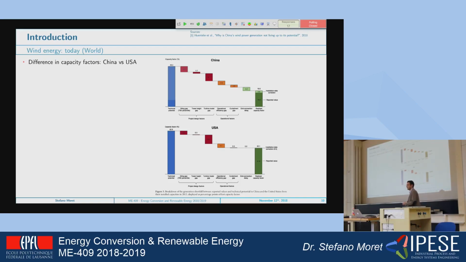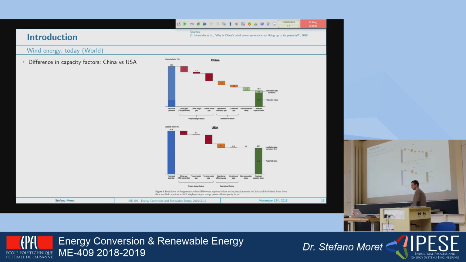It means that the wind turbines sometimes lose some of the electricity because of grid management reasons, because we have to detach them from the grid. There is also a delay in grid connection, and the fact that we are not using the latest models of wind turbines that are available. So overall, the capacity factor of wind turbines installed in China today is half of the capacity factor of, for example, the wind turbines installed in the US, which is quite an impressive difference.